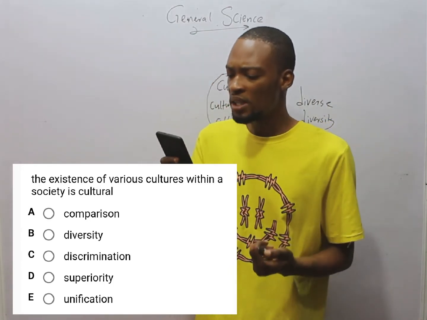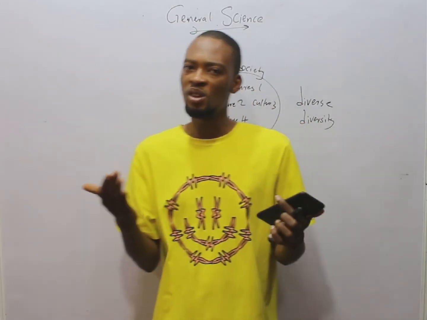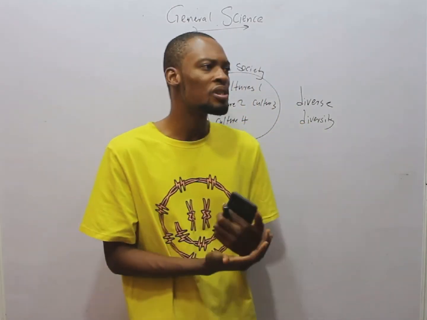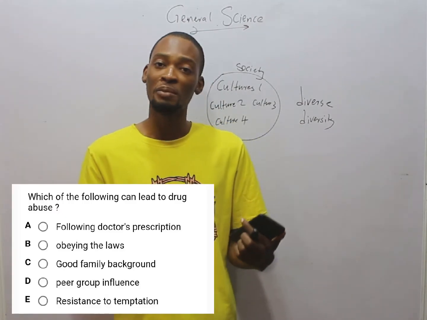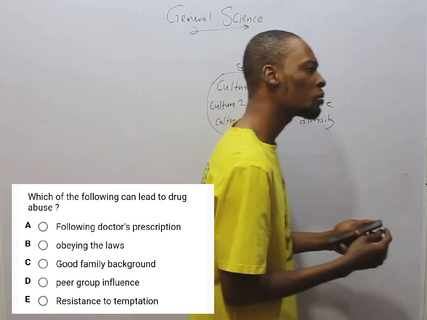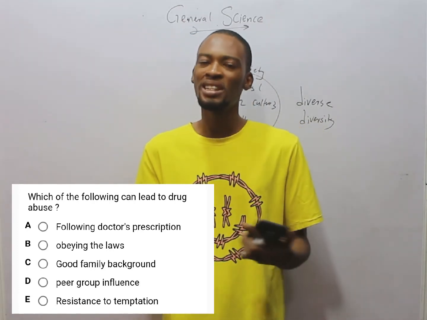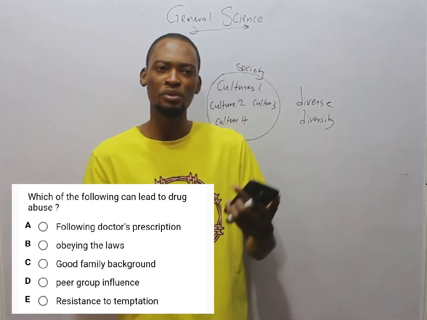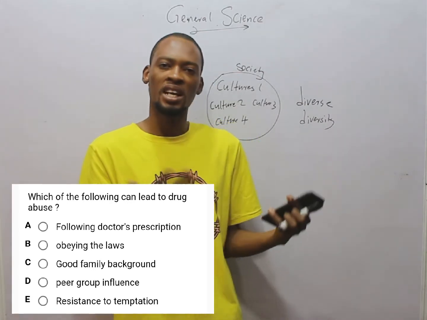And which of the following can lead to drug abuse? What is drug abuse? Drug abuse is simply taking drugs or administering drugs without the help of a medical doctor, or without consulting a medical doctor. You take drugs the wrong way, you smoke, you drink alcohol, you mix different stuff that are not good.